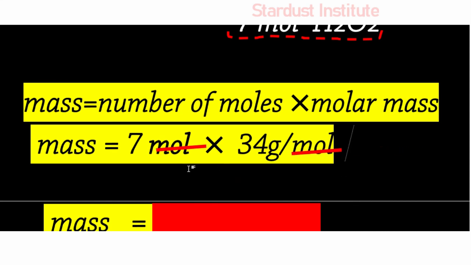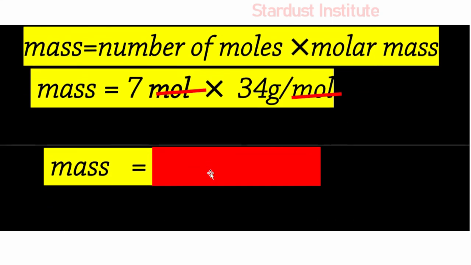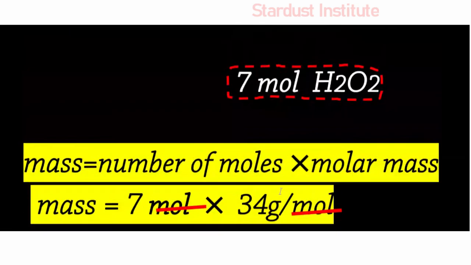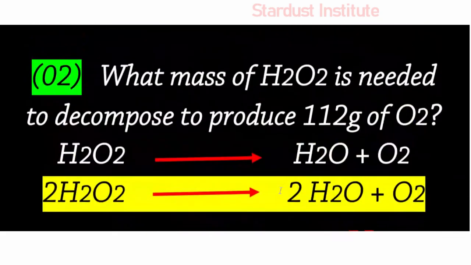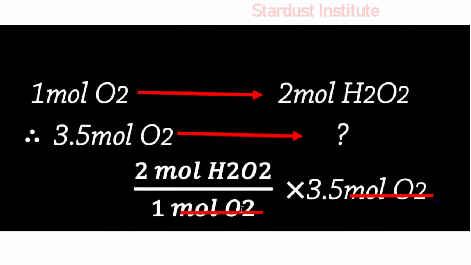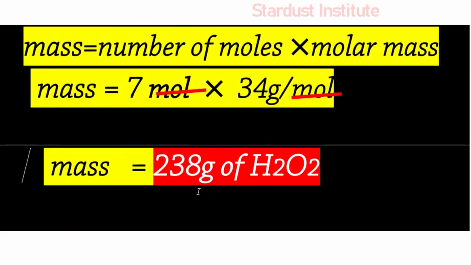Now 7 times 34, we get the mass in grams, 238 grams of hydrogen peroxide. To produce 112 grams of oxygen, we need 238 grams of hydrogen peroxide.